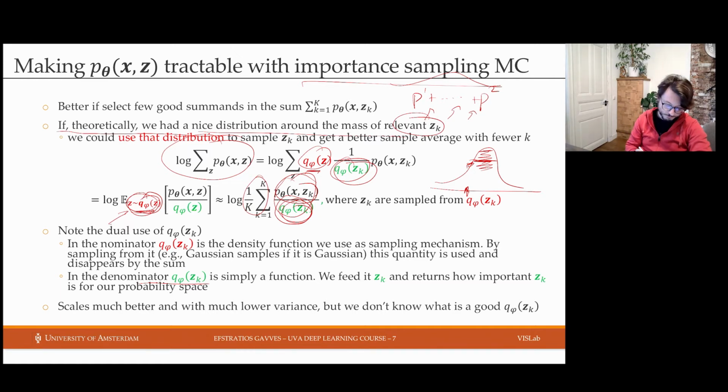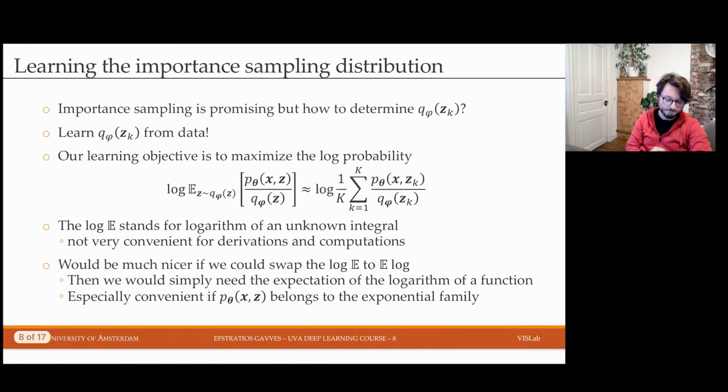Now, importance sampling for Monte Carlo scales much better and with much lower variance, because we are more likely to use very similar summands in our estimation for our averages. However, the problem is, how do we obtain such a distribution Q phi?